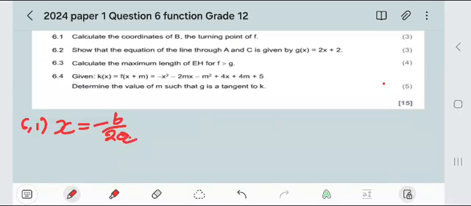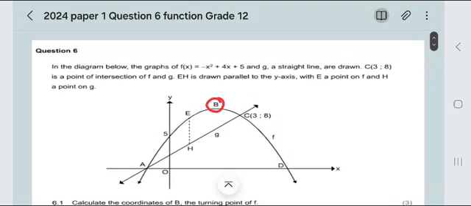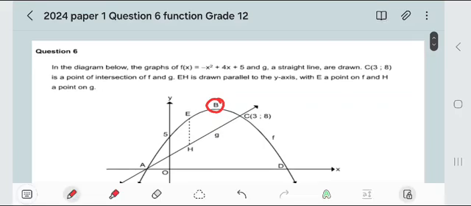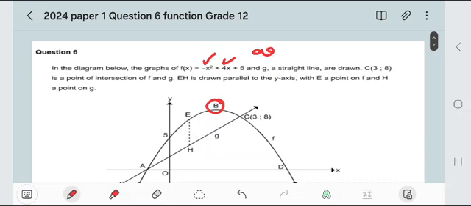Here we are given b is positive 4 and a is minus 1, as in our standard form ax squared plus bx plus c.